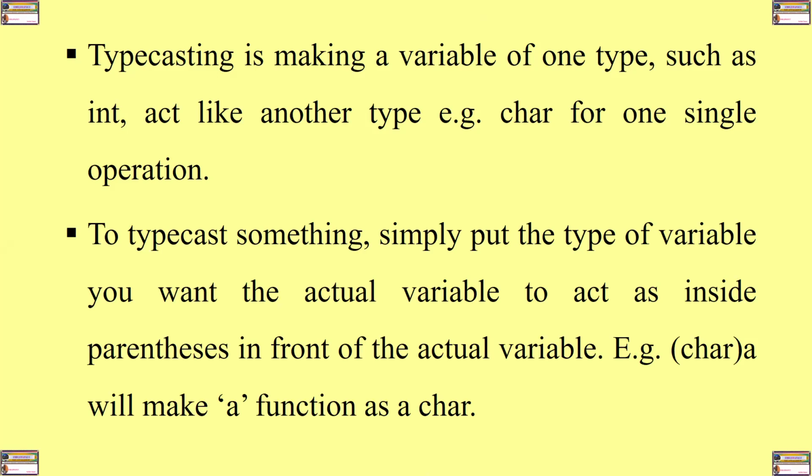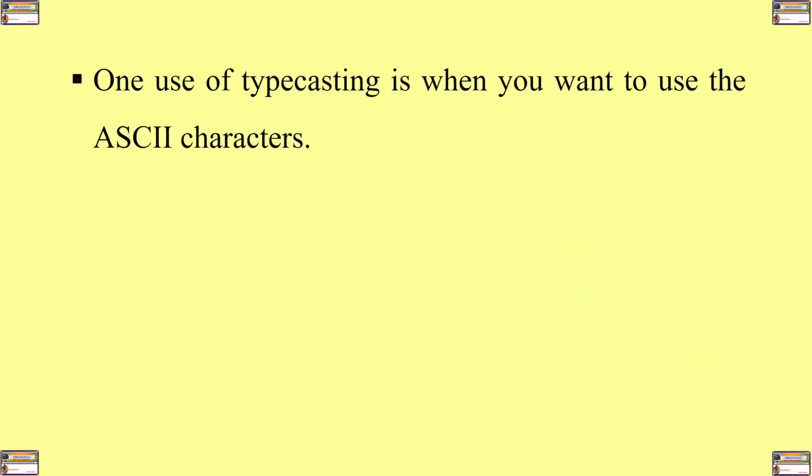For example, if you want to typecast R to type character, you enclose char in parentheses followed by the value of what you want to typecast, for example, R, which will in this case make R function as type char.